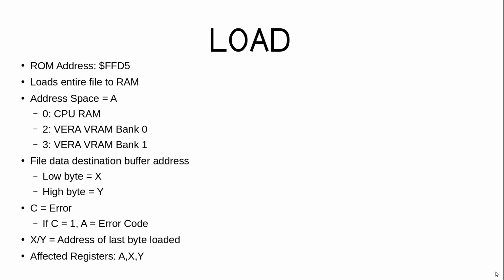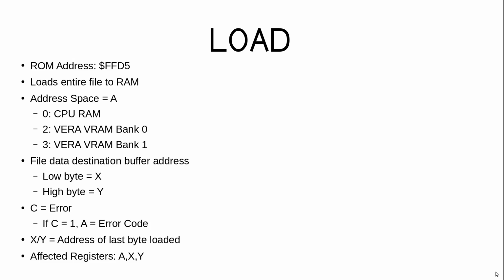If SA was set to a non-zero value, X and Y will be ignored, and load will just use the 2-byte file header to determine where to load the data. Please note that even if SA was set to 0, load expects the header to still be there, so the data that will be loaded will always start with the 3rd byte of the file.